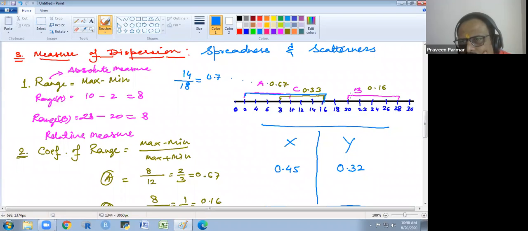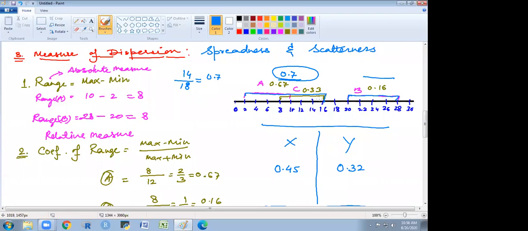Now you compare with this. So always for the lower values, you will get the high coefficient of range, whether the range is the same or not.